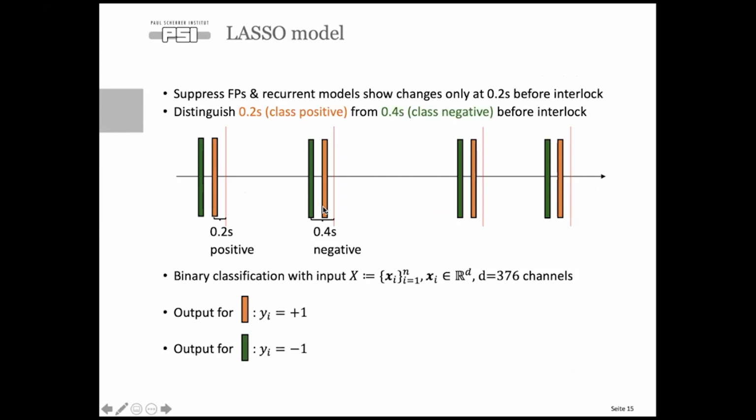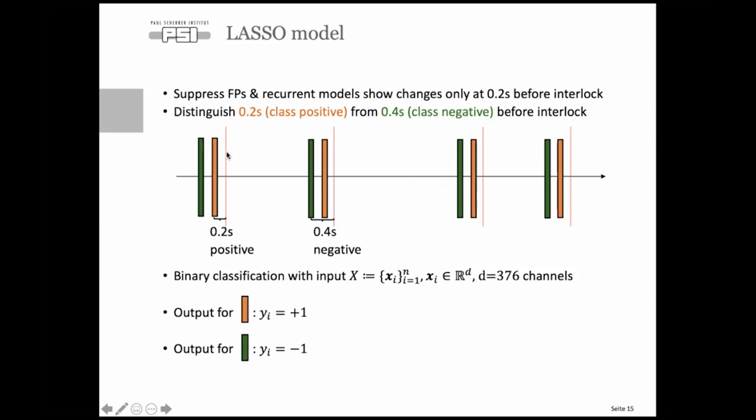We have also done some research on recurrent models, and those models also show that the changes only happen at 0.2 seconds before the interlock. So based on all this past knowledge, we come up with another idea: we try to distinguish between only 0.2 seconds before the interlock and 0.4 seconds before the interlock.